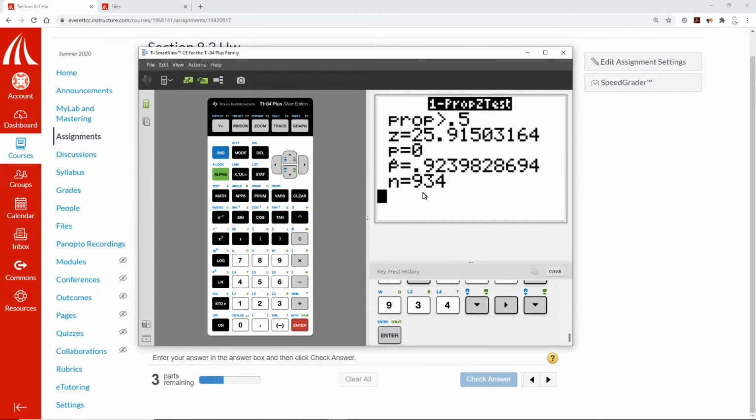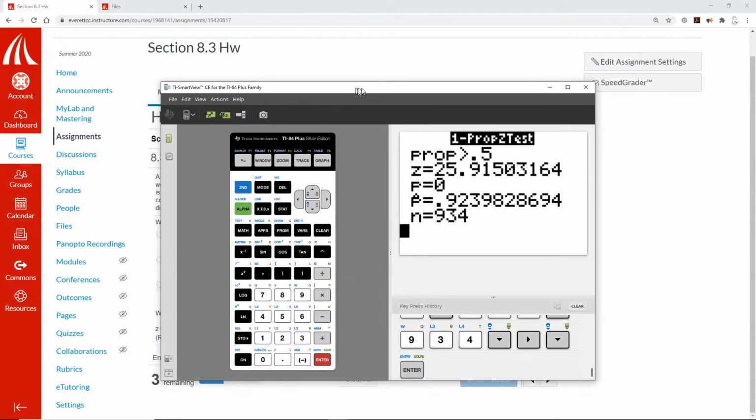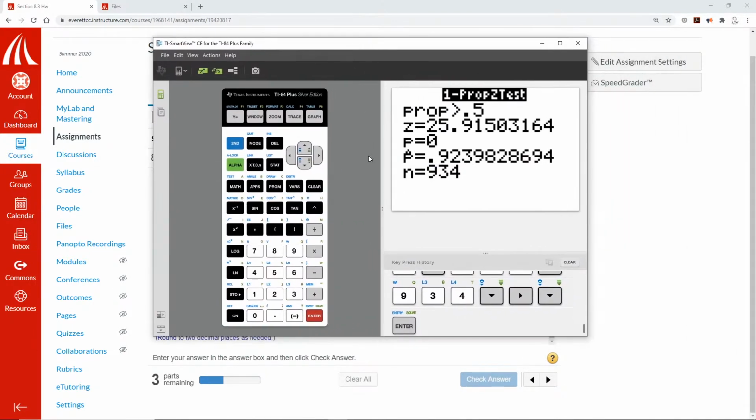Okay, yeah, it's off the charts. The test statistic is 25 deviations from the standard normal mean. The p-value is just, let's just say 0. Yeah, the sample proportion resulted in a 92% rate of girls per birth.